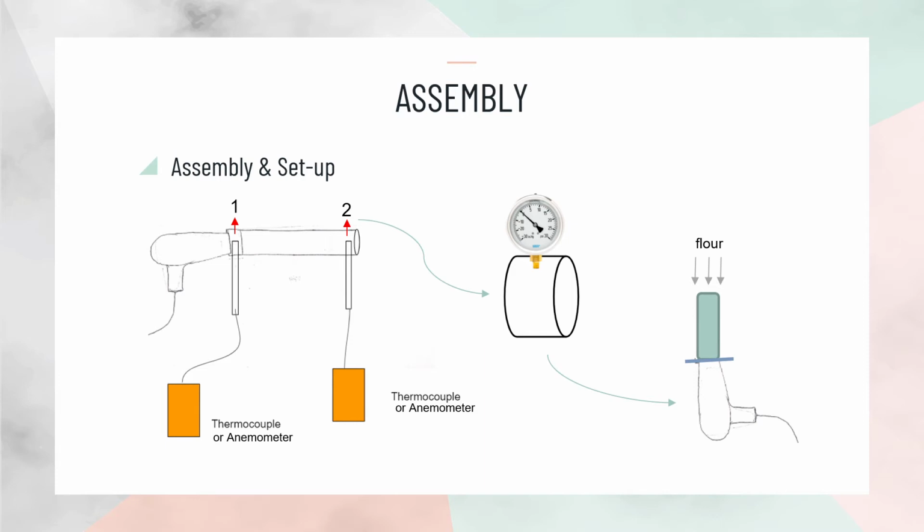Similarly at point 2, the hairdryer will be connected with the pipe first, and at the outlet of the pipe it will be placed with the paper and the bottle. So we will do the same. We will put the flour into the bottle.